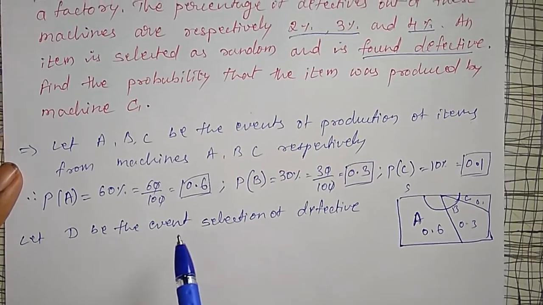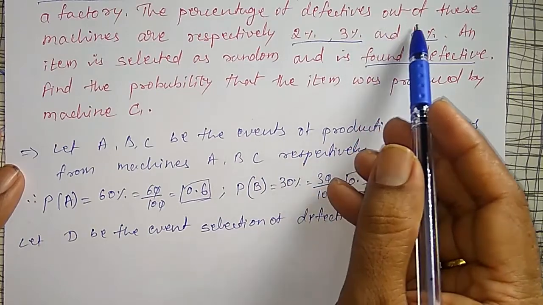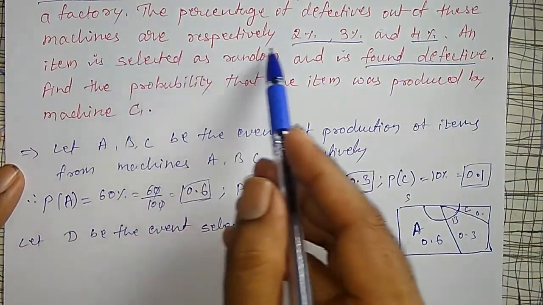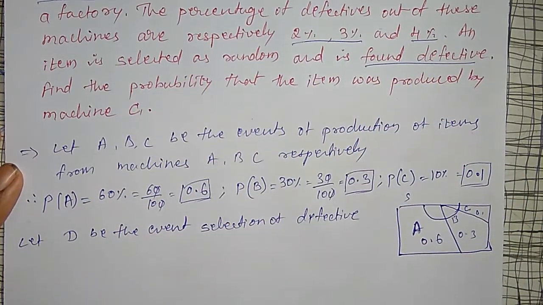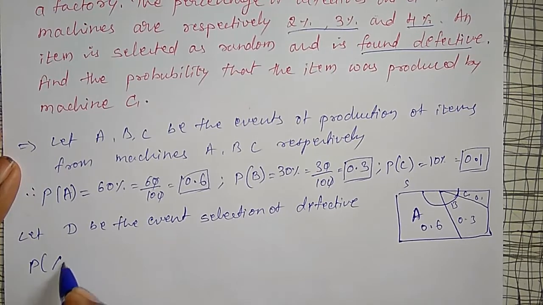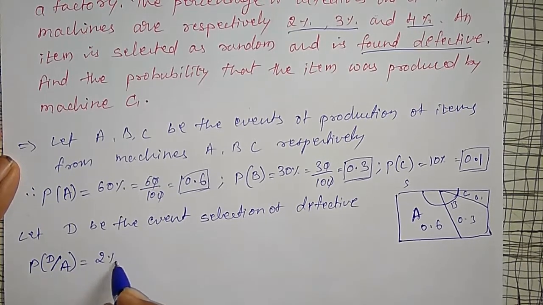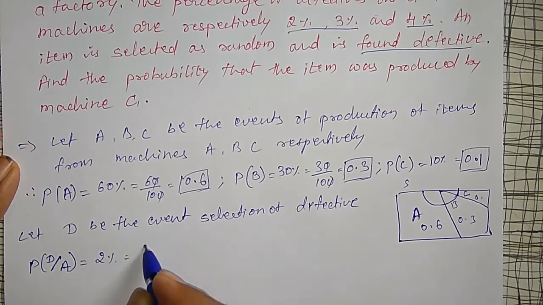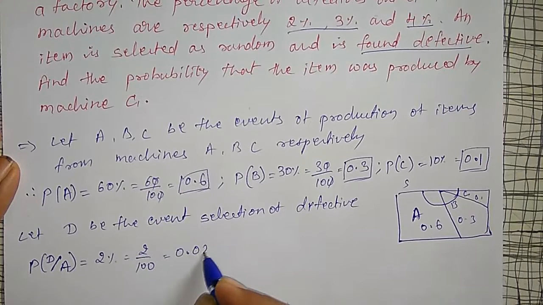The percentage of defectives out of these machines are 2%, which means this is a conditional probability. Machine A has already produced, and out of that, what is the percentage of defective? That is 2%, which is 2 divided by 100, 0.02.